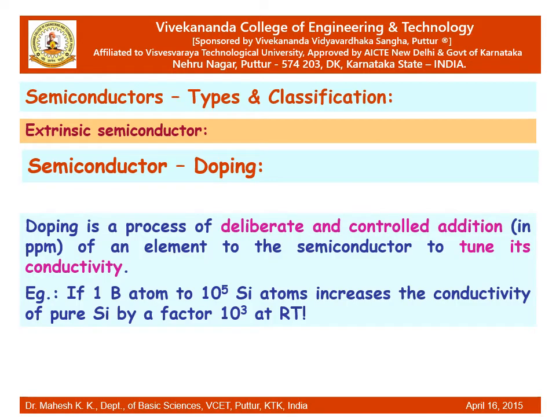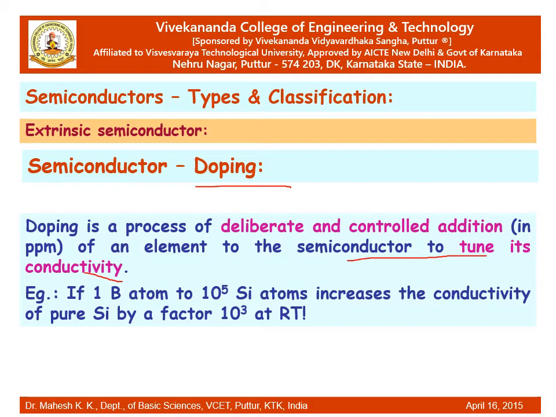First, let us see what doping is. Doping is a process of deliberate and controlled addition of an element to the semiconductor to tune its conductivity. It means we can change the conductivity of the material by adding other elements.